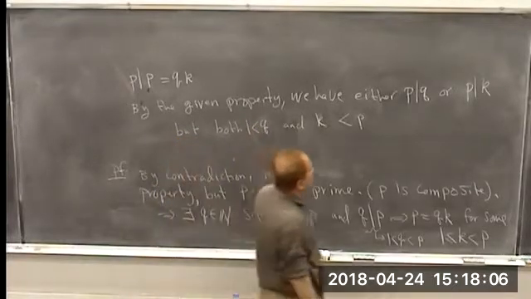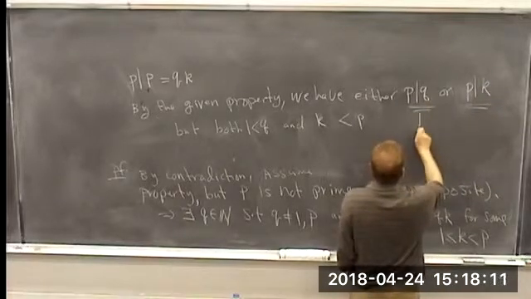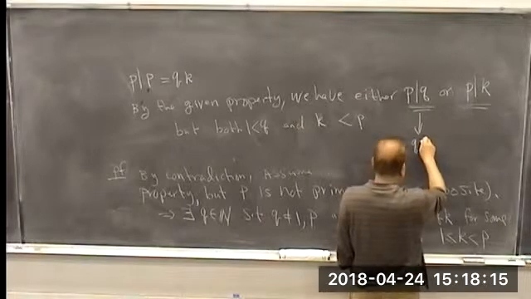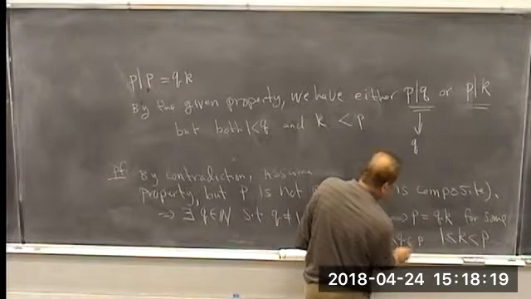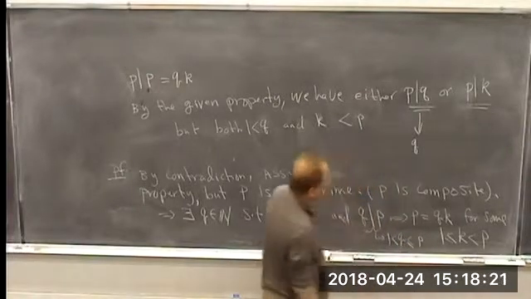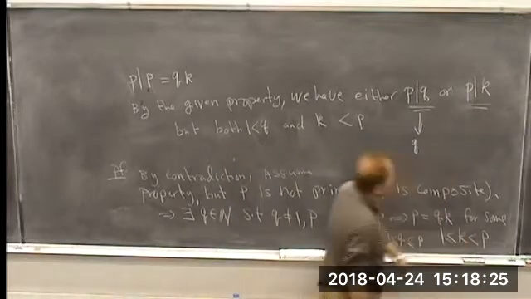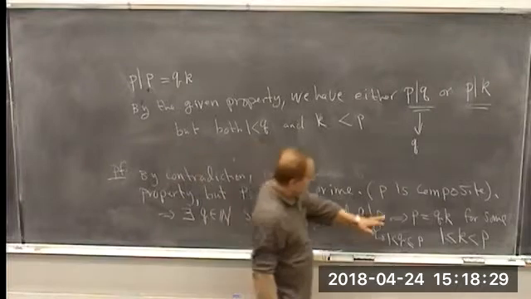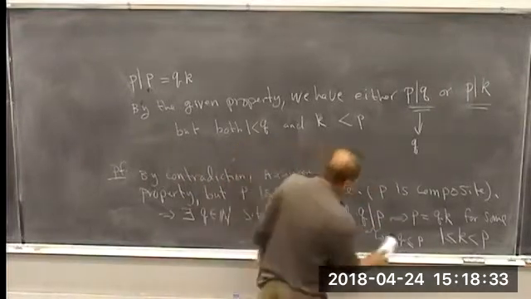Now, from here or here, this would imply that Q is less than or equal to P. We could have equality in here. All right? No, we cannot have equality because it's not equal to P.